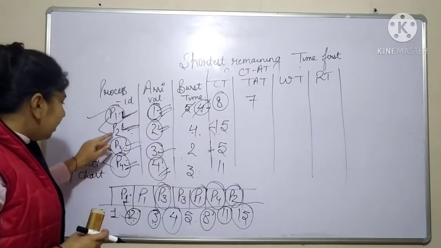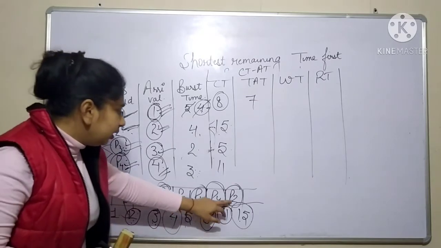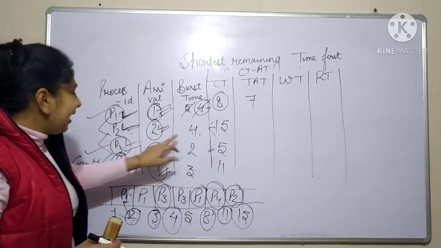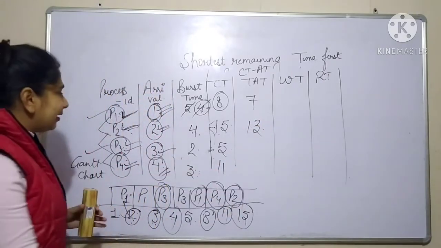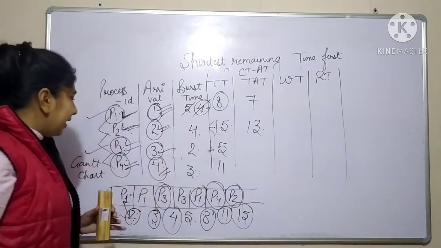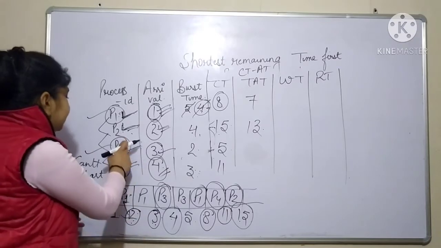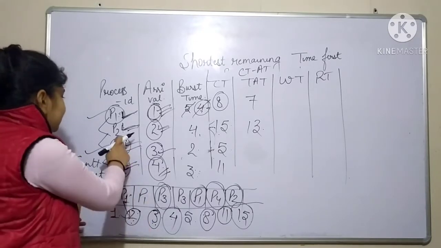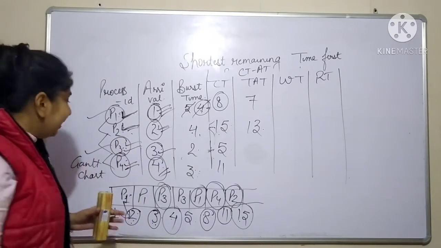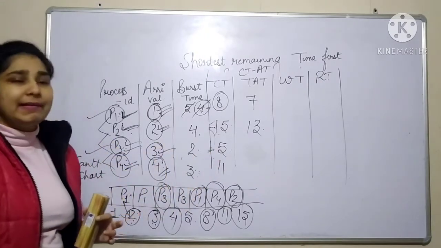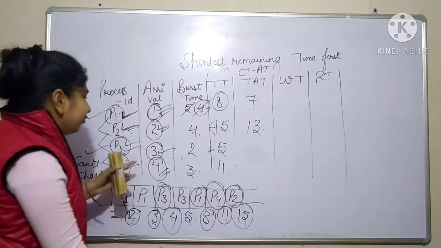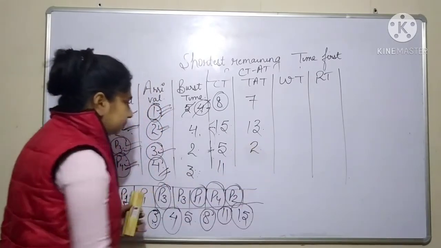And what is the turnaround time of process P2? Completion time minus arrival time. It remains alive in the cycle for 13 units of time. Let's try to find out the turnaround time of your process P3. Completion time minus arrival time: 5 minus 3, 2.